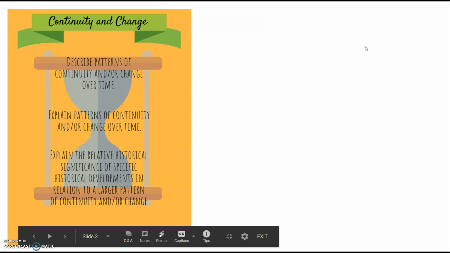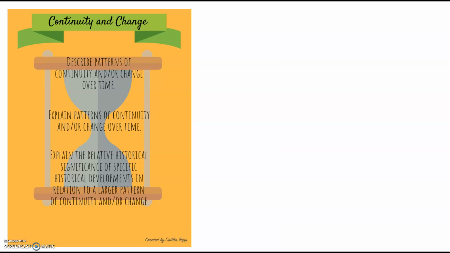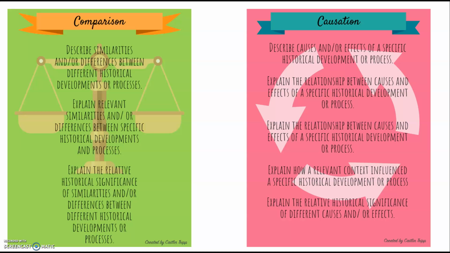So these first three things are basically your historical thinking skill. What thinking skill will you utilize in order to write your essay? Will it be a compare and contrast here? Will it be a causation, a cause and effect essay?